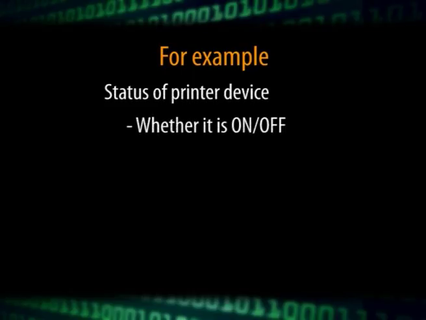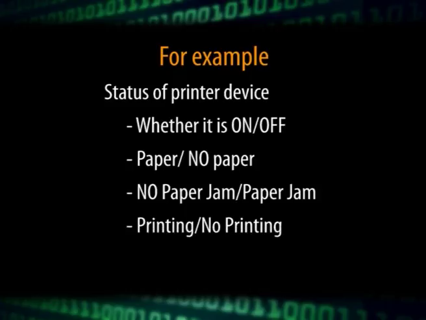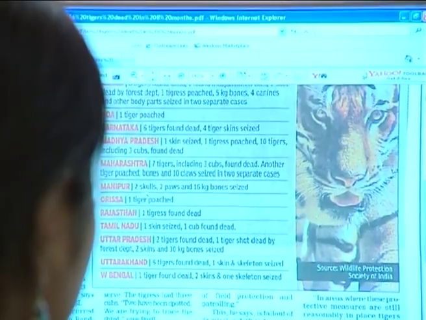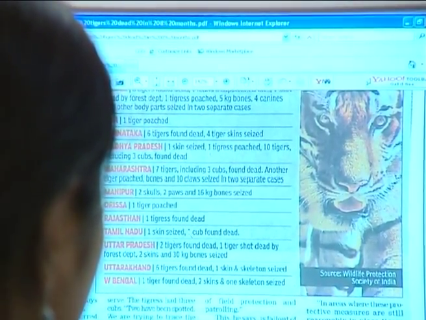Also, it receives the hardware signals from the computer or devices and converts them into a form readable by the user. For example, the status of the printer device, whether it is on or off, paper or no paper, paper jam or no paper jam, printing or no printing, is communicated to the computer in the form of hardware signals. The computer converts the signals into actual messages.